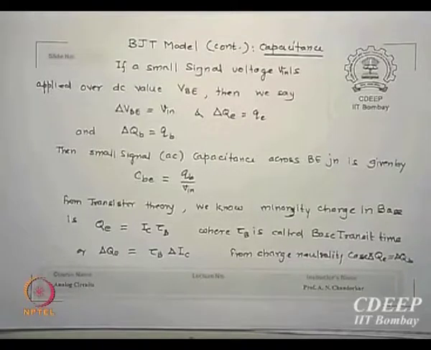But what does charge neutrality in a transistor in a steady state say? The change in base charge should be the same as the emitter charge change, because otherwise what is injected cannot remain and increase there; neutrality must hold. So small QB is equal to small QE. Right now I am giving separate names, but finally QB is QE.